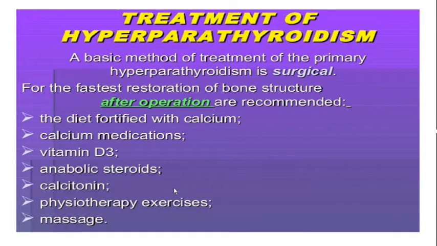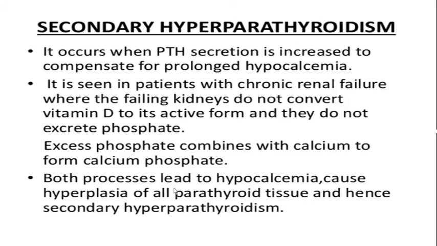So now coming to secondary hyperparathyroidism, it is when PTH secretion increases to compensate for prolonged hypocalcemia, which can happen in chronic renal failure, where the failing kidneys are not able to convert vitamin D to its active form, and excess phosphate combines with calcium to form calcium phosphate stones, calculi in the renal tract.